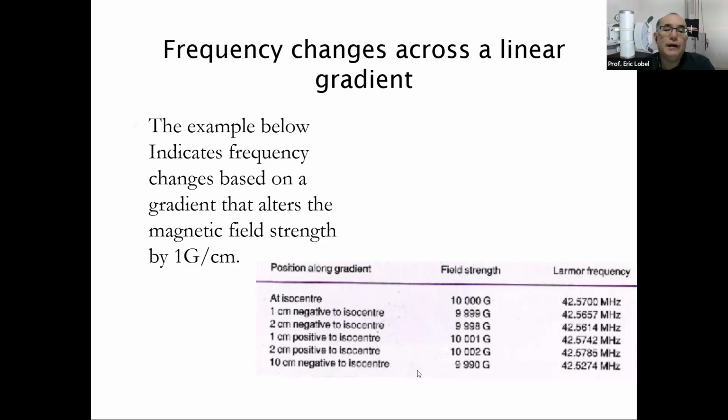And they threw in a bigger jump. 10 centimeters negative again this time, but now we go to 9,990. That's our 1 Gauss per centimeter, so it changes by a factor of 10, and we go way down to 42.52 versus our original 42.57.